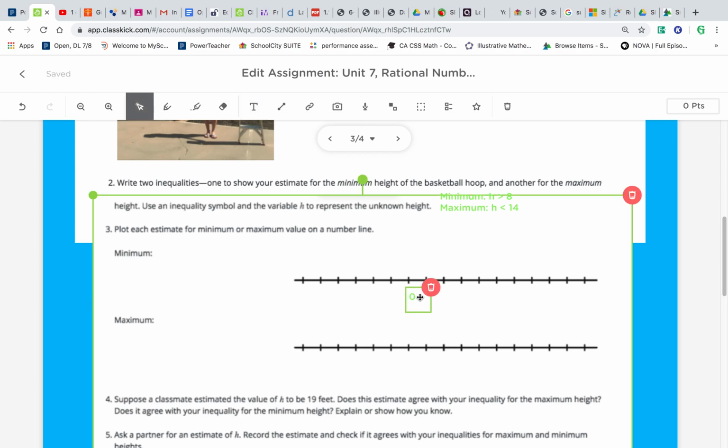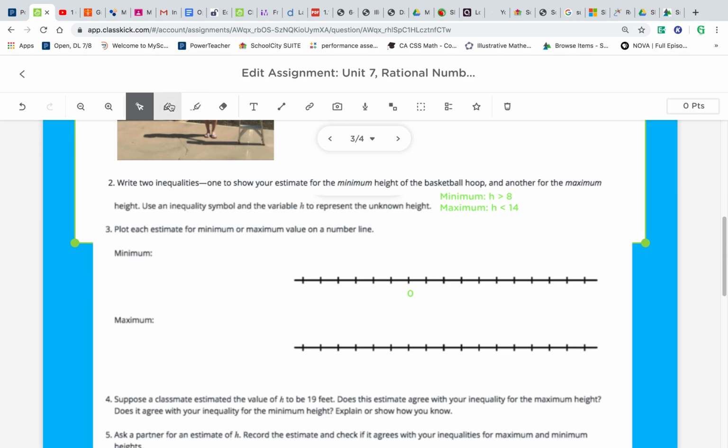You don't have to put it exactly there because we don't have any other values, so we can put it wherever we want. What we know is that we need to show that it is greater than 8, so we need to find 8 on here. If this is 0, this would be 1, 2, 3, 4, 5, 6, 7, and 8.